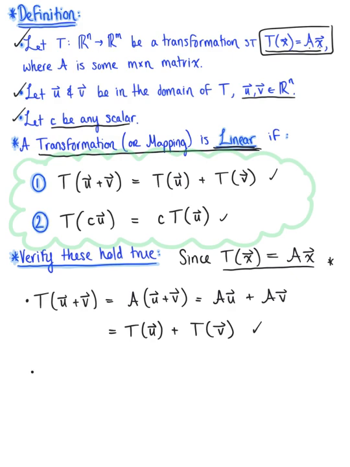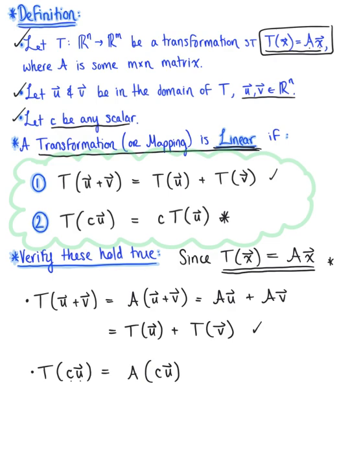Now, similarly, we want to verify the second property, that the image of the scalar multiple c times vector u under the action of T is equivalent to the scalar multiple of that image. So again, keeping in mind that our transformation is defined as a matrix transformation, we can rewrite this as matrix A multiplied by the scalar multiple c times vector u.